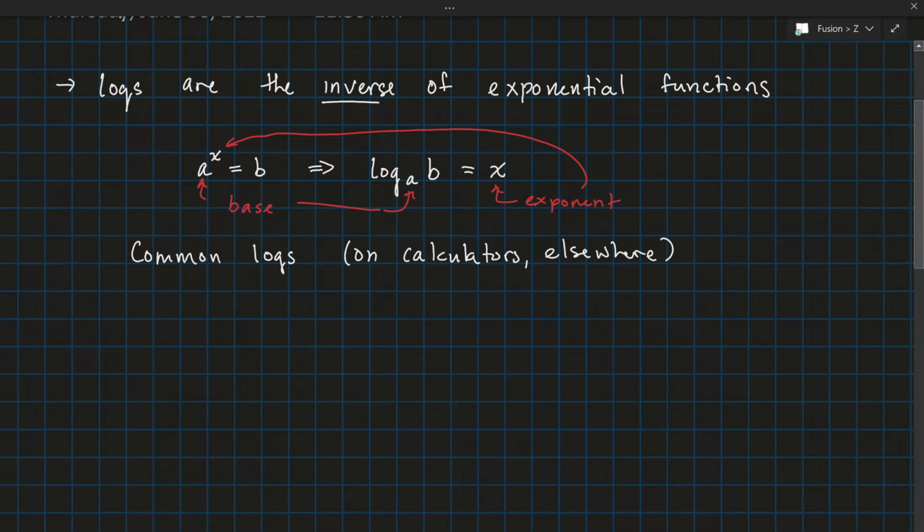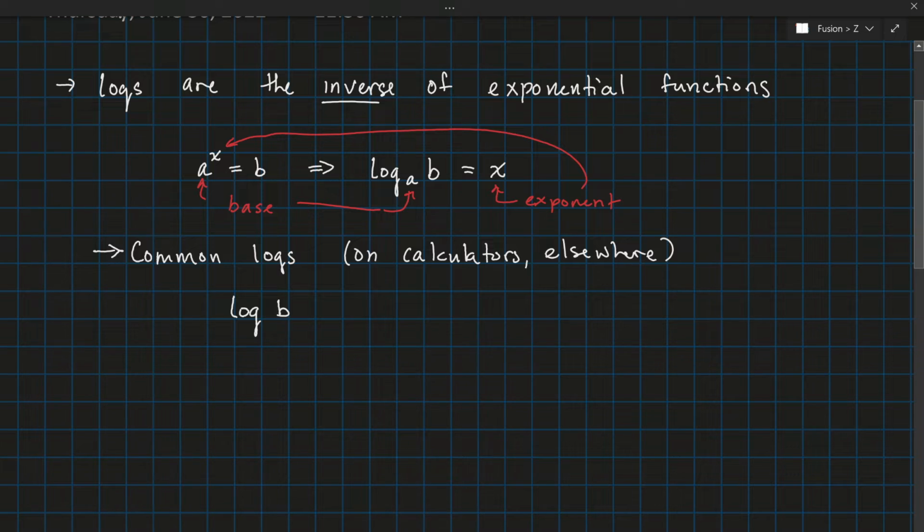Now, the base, I mean, any of these numbers, a, x, and b, they can be anything. But there are common logs that you'll see a lot that have specific bases. So like on your calculator, you'll see log, and then you could put in a number, log of b, but it doesn't have a base there.